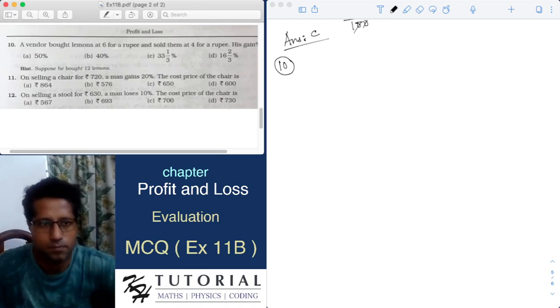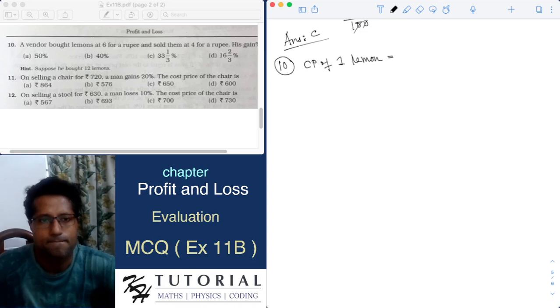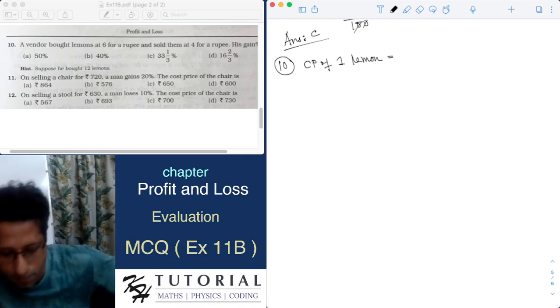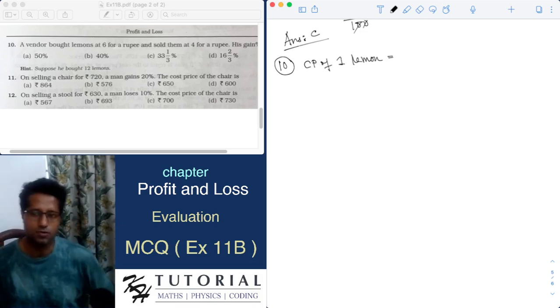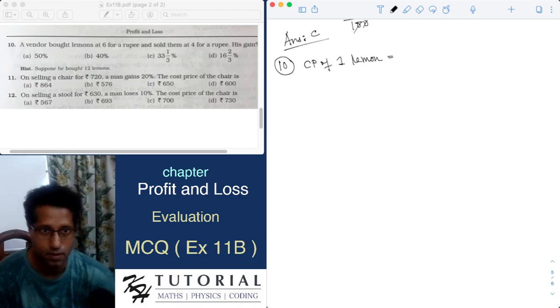Okay, so cost price of 1 lemon. Since it has asked to find the gain percent, the gain percent or the loss percent has to be based on the cost price and selling price for a fixed number of lemons.